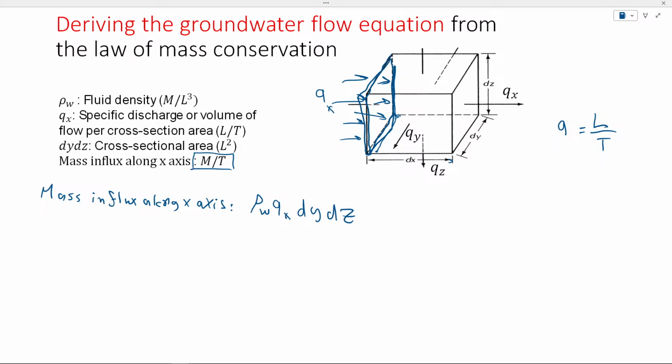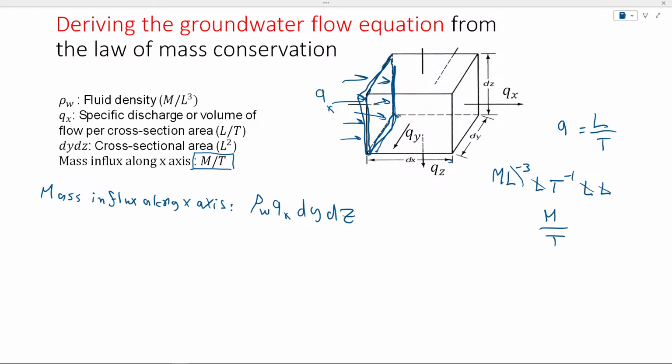Remember, we've seen this in the previous lesson on the conservation of mass. Because rho is mass over volume, L to the minus 3, Q is L over T, the flux, and dy is L, and dz is L. So these will cancel and you will have mass over time.